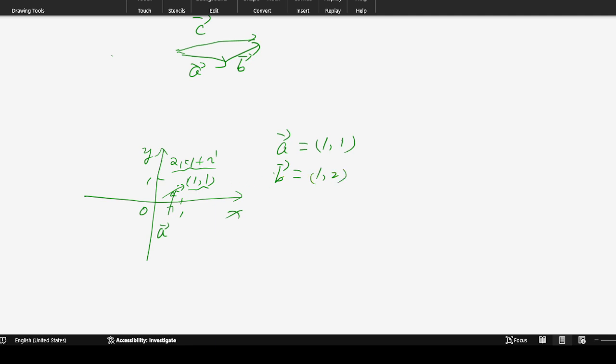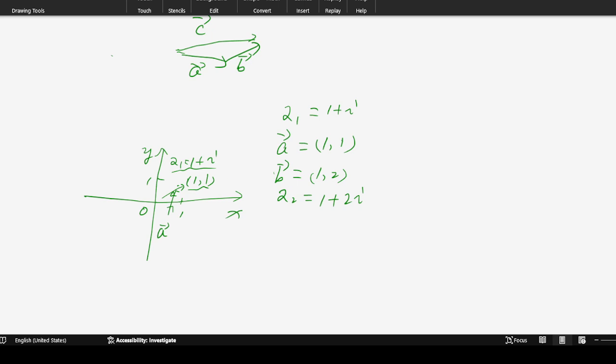If we write in complex numbers, we can write z2 equals 1 plus 2i, and z1 equals 1 plus i.